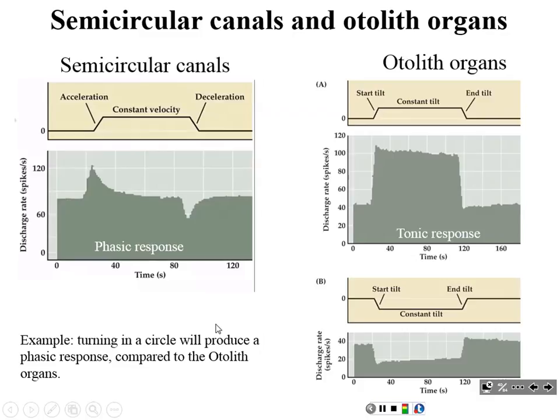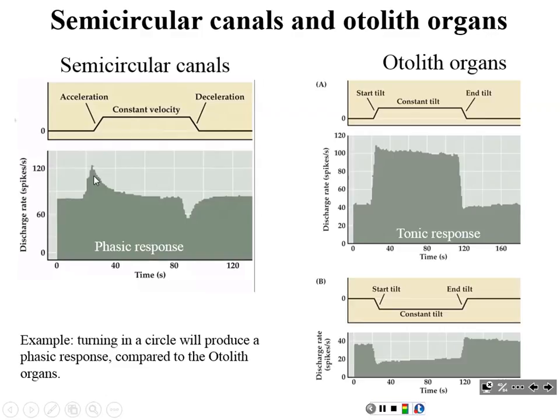Although both of them, the semicircular canals and the otolithic organs, have hair cells and the depolarization and hyperpolarization is the same, they don't respond equally to the stimulus. On the left, we have the semicircular canals. When there is an acceleration, there is a phasic response of the hair cells. Why is that? Because when we are accelerating, the liquid lags behind for a while. But if we reach one particular speed, the endolymph inside is going to catch up.